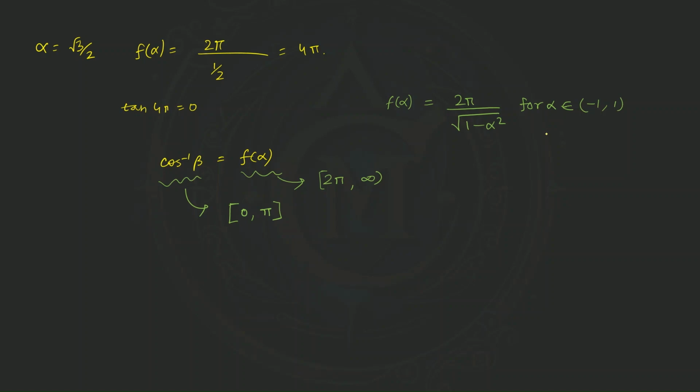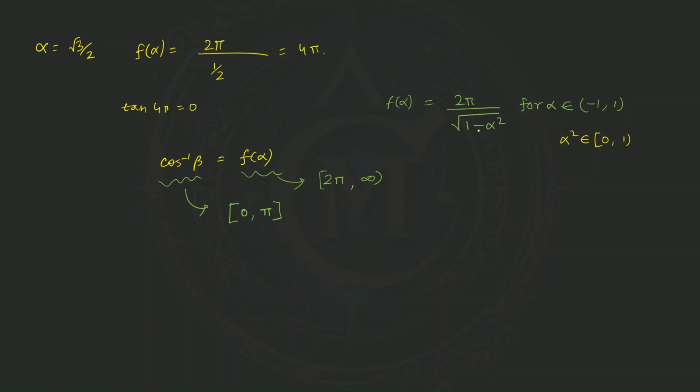So we can see if alpha belongs to this interval, alpha square will belong to 0 to 1 open, or it should be closed at 0 because alpha square will be 0 for alpha equal to 0, and alpha equal to 0 falls in this range.